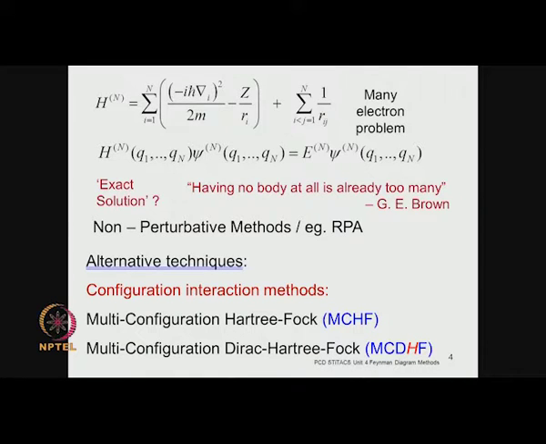Then there are methods which are alternatives to the RPA, some of which turn out to be equivalent to RPA in some sense, some of them are different, and you can do them using techniques based on configuration interactions or CI methods.